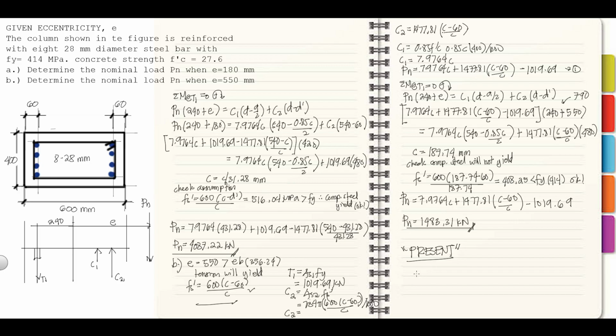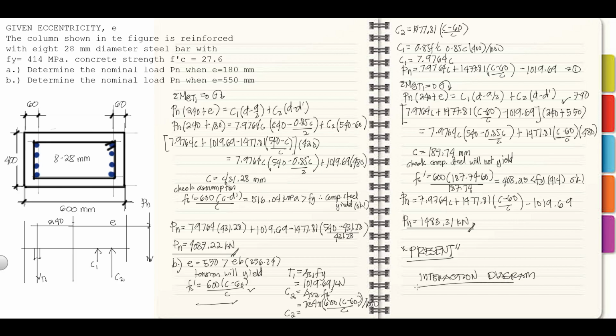Okay, for the next video, abangan nyo, no? Next video natin is, we will solve the same problem, but we're going to use interaction diagram. Ito yung ginagamit, no?